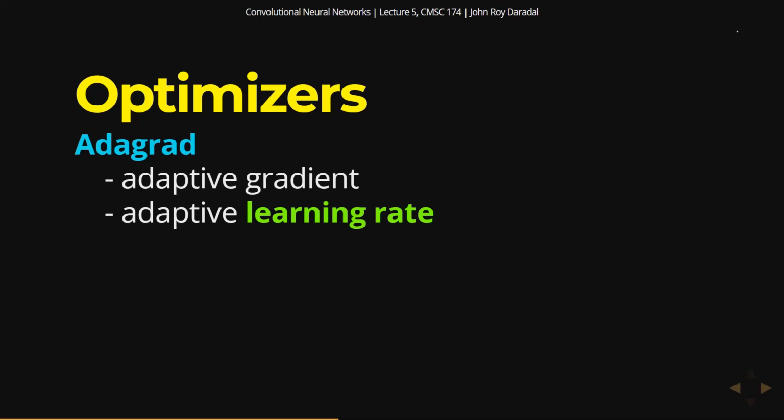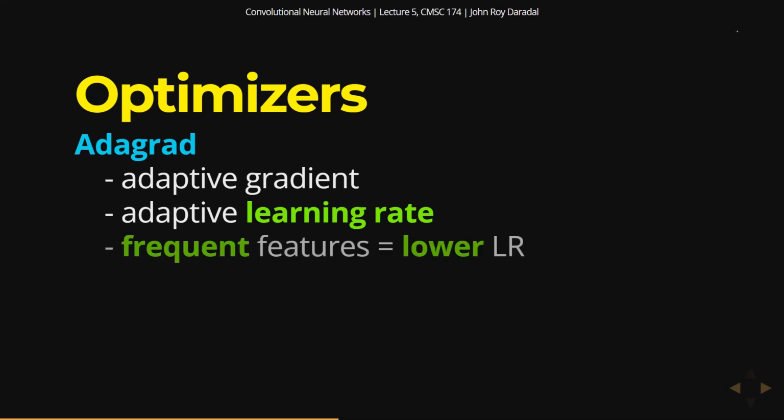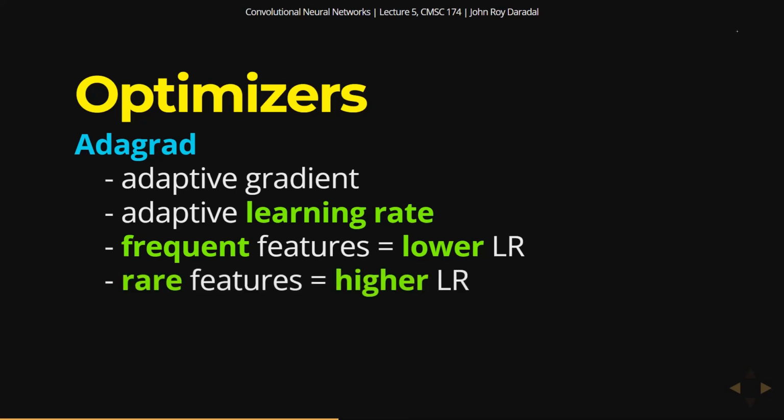It actually uses a different learning rate for some features, and then a different learning rate for other features. Now, how does it do that? It figures out that for the frequently updated features, you can use a lower learning rate, and for rarely updated features, you can use a higher learning rate.